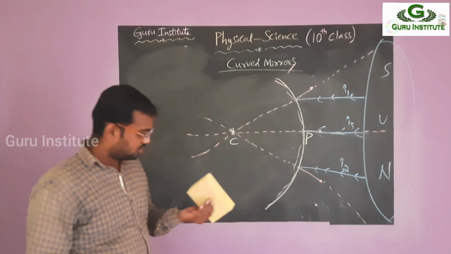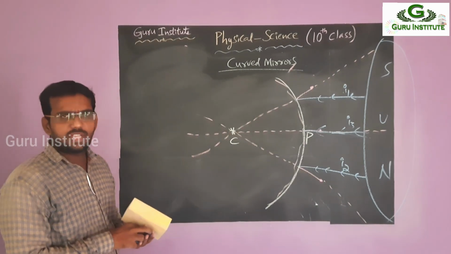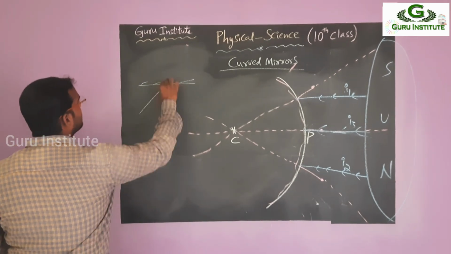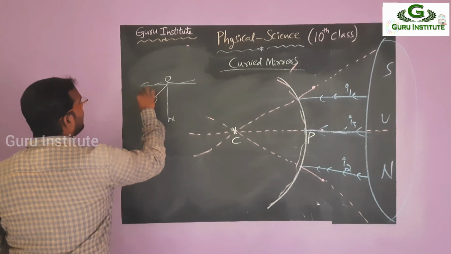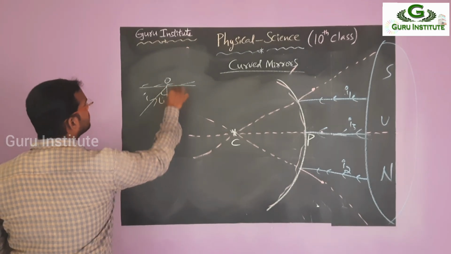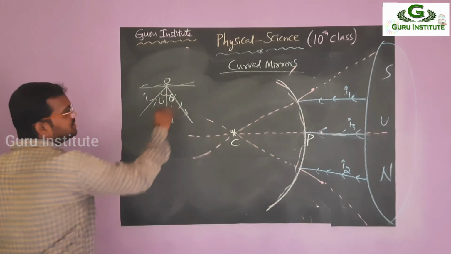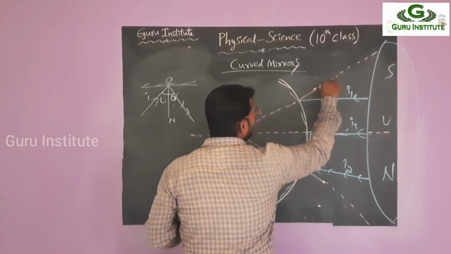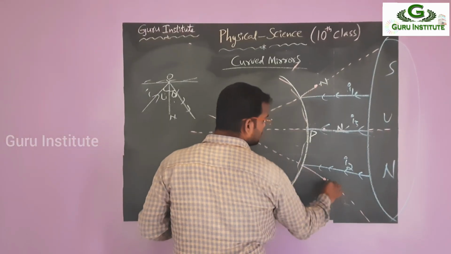Again the same basic principle: incident ray, normal, and angle of incidence equals angle of reflection. This is the normal.